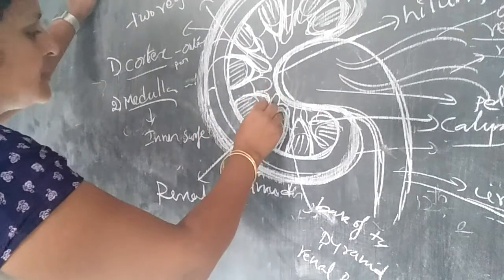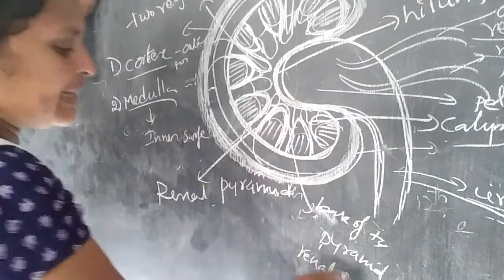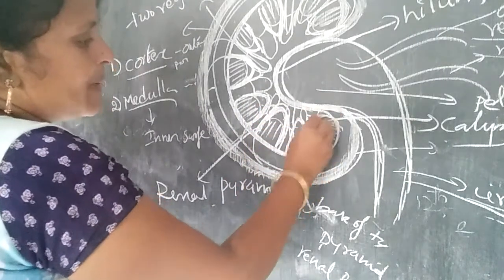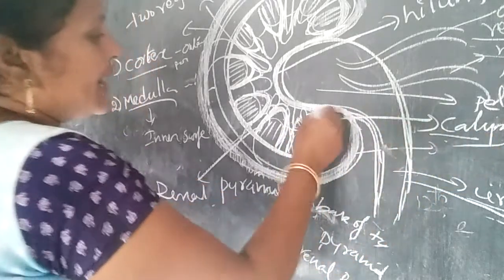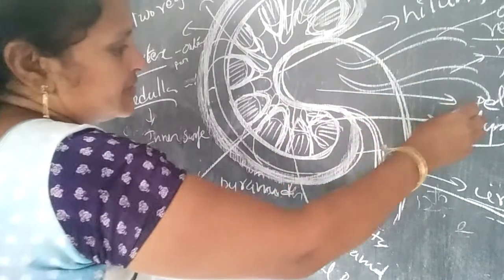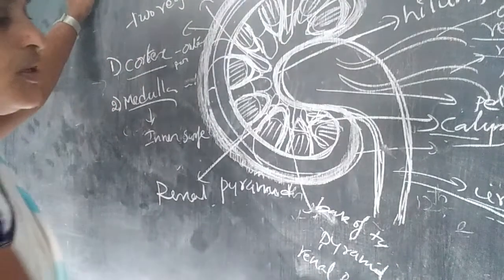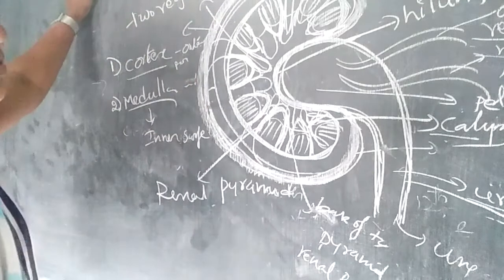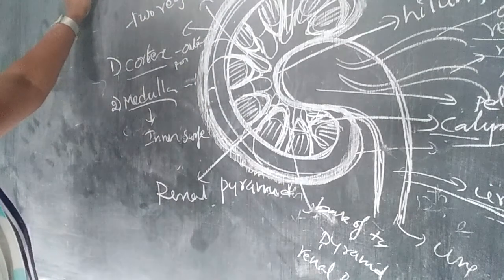The pyramid has a base formed by cortex and medulla, also called the renal papillae, which has a cup-like structure called the calyx. The calyx is formed by the funnel-like pelvis, which forms the ureter. The ureter is connected to the urinary bladder. So these are the main internal and external structures of the kidney.